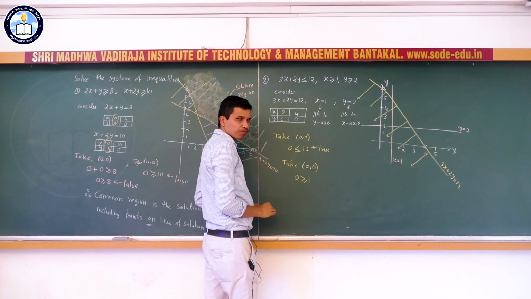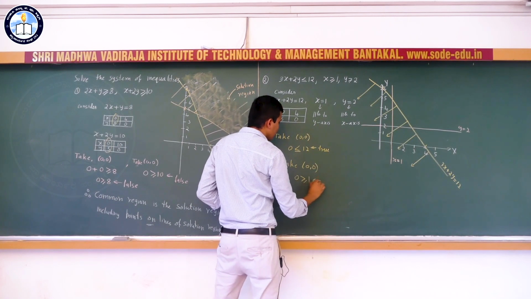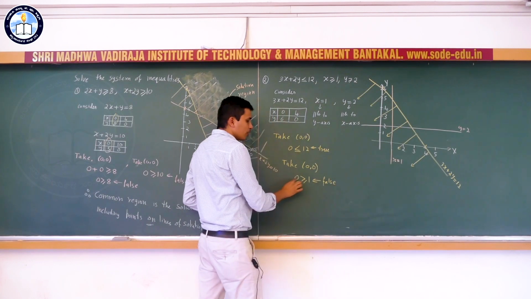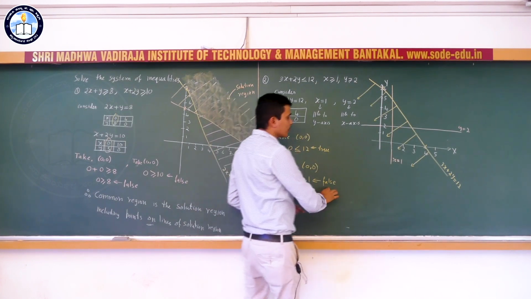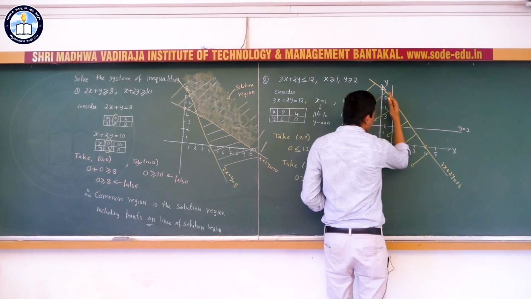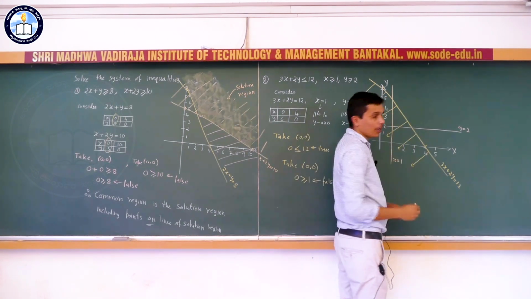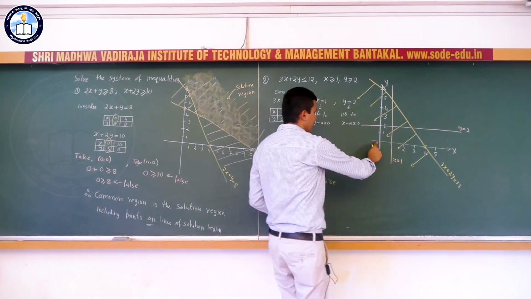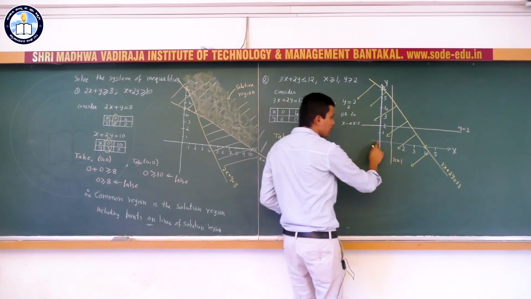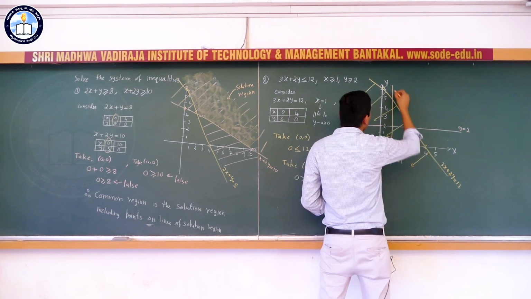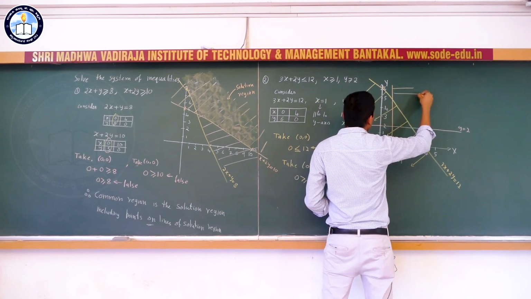That is true? No, right? So this is false. 0 is greater than 1 is false, right? That means for the line x is equal to 1, it should be the right side that I shade, not the left. So 0, 0 should not be in my answer, right? Since 0, 0 should not be there, it must be the right side. So for the line x is equal to 1, this side becomes the solution region.